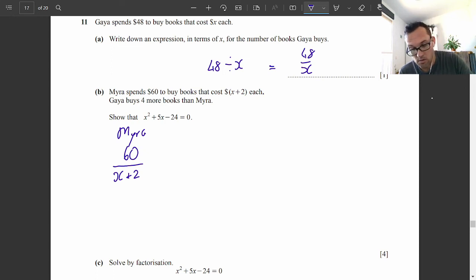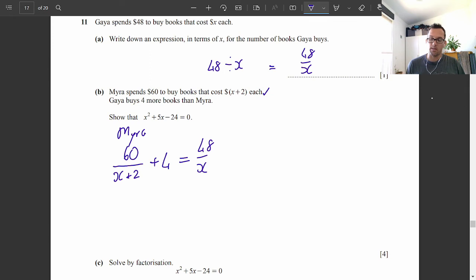We have now dealt with that first piece of information. Gaia buys 4 more books than Myra. That means if we add 4 books to Myra's amount of books, we will have the amount that Gaia bought. We know how many Gaia bought because we worked that out in question A. She bought 48 over X.